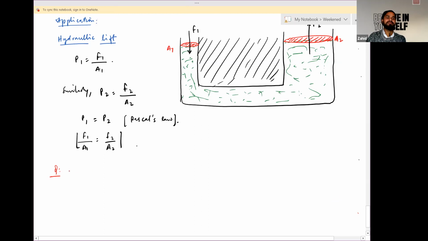The ratio of radii of two pistons is 1:3.